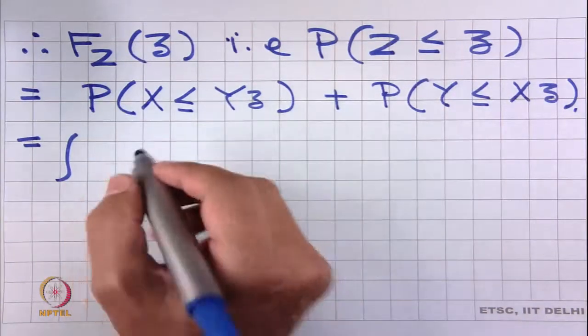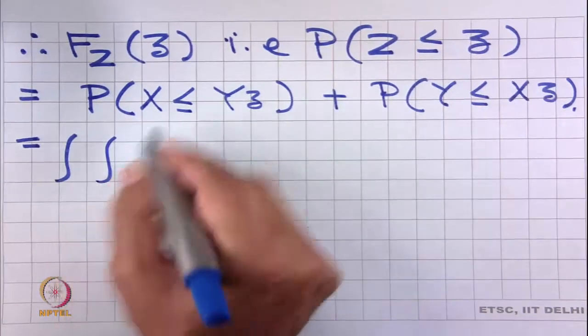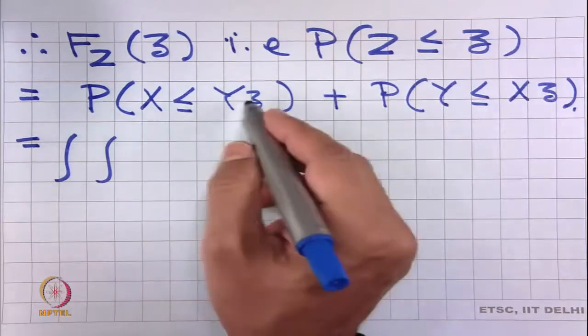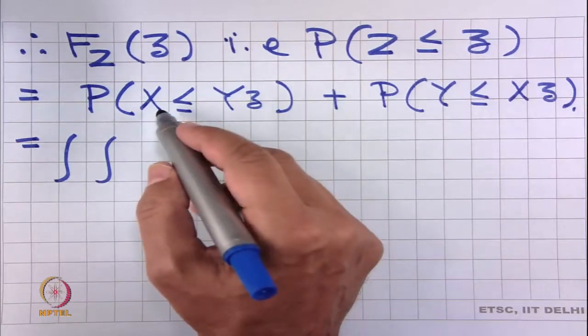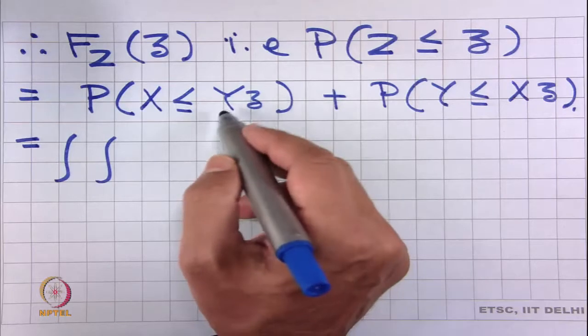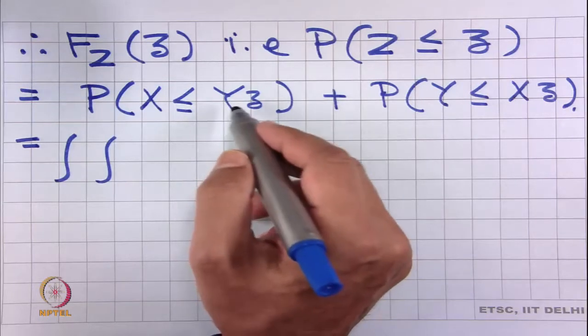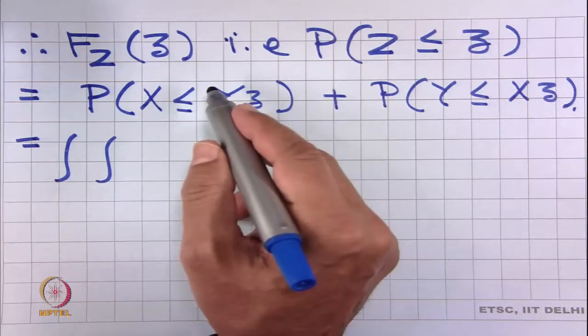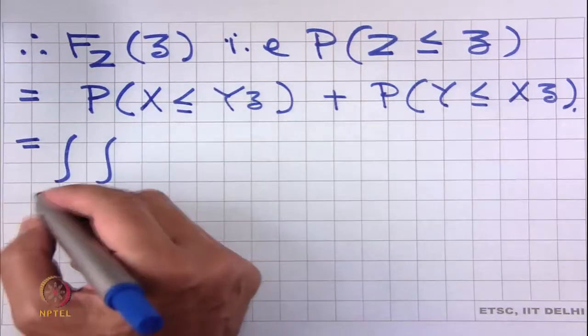In the first case, x will have to be less than or equal to y z and y can be anything between 0 to infinity.